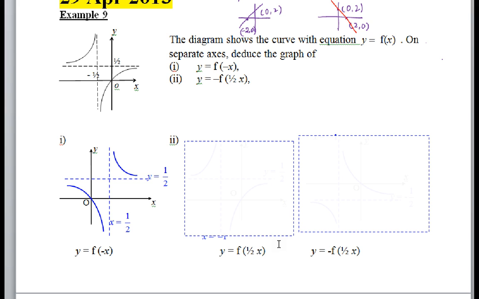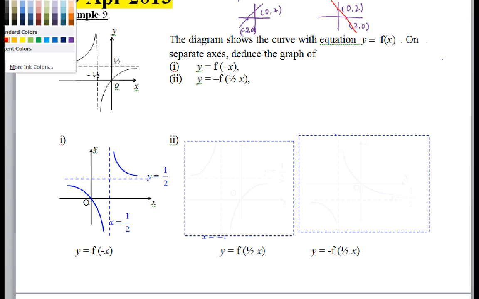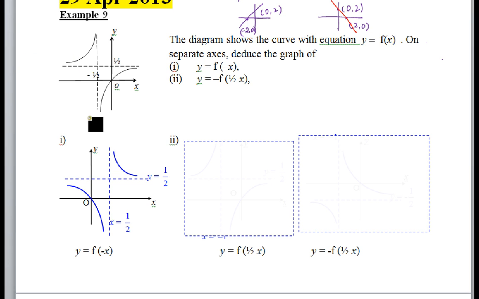Okay, all your x coordinates are now multiplied by 2. So if you had originally this asymptote, which I forgot to label actually, this should be x equals negative half. This should be y equals half. Okay? So you look at all the x coordinates here, they should be multiplied by 2.